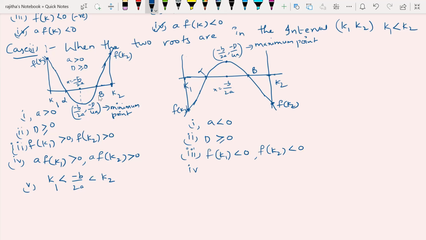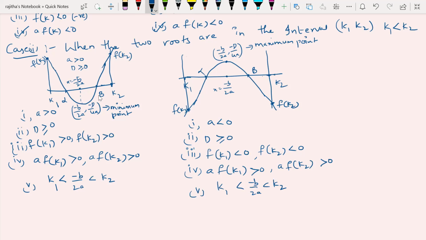So a into f of k1 is greater than 0, since both are negative and multiplying gives a positive. A into f of k2 is also greater than 0. So k1 is less than minus b by 2a, which is less than k2.